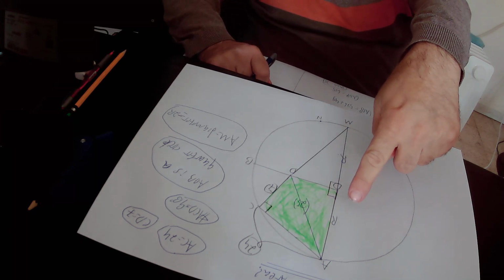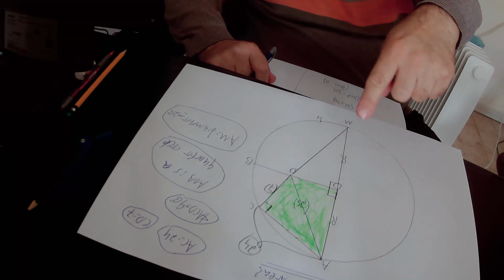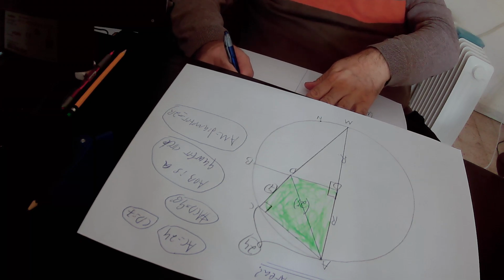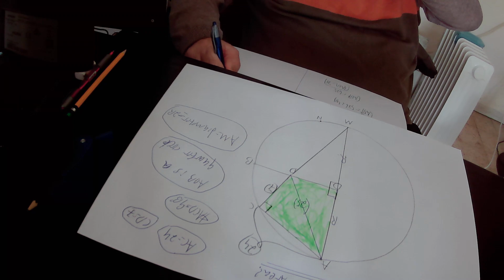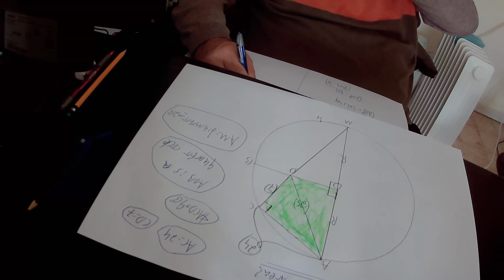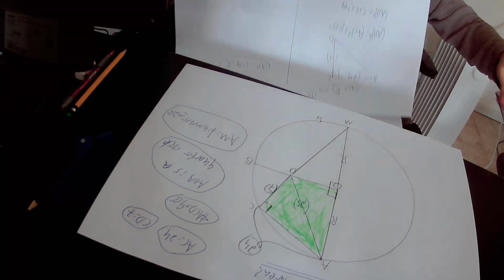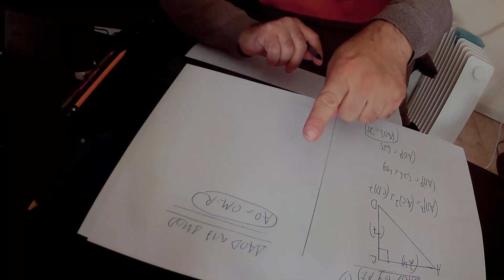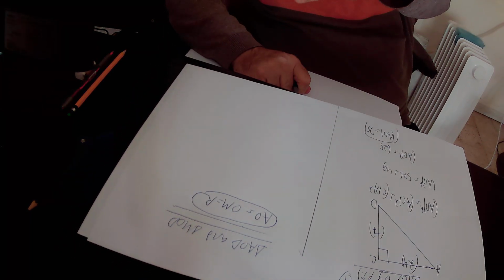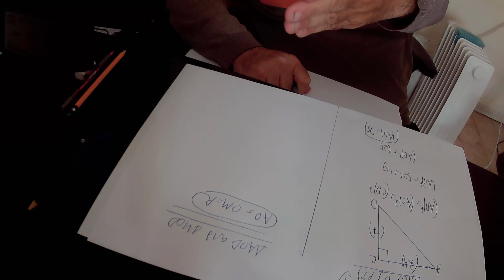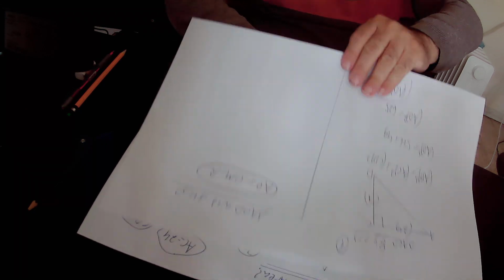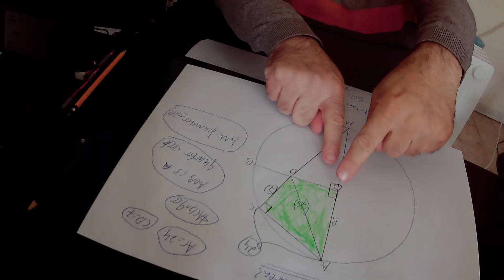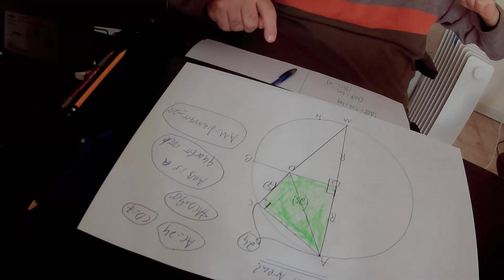First of all, side AO of the green triangle is equal to side OM of the white triangle. They are both the radii of the circle, therefore they are equal to each other.